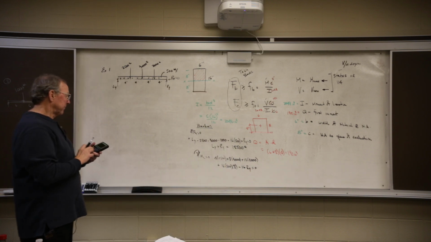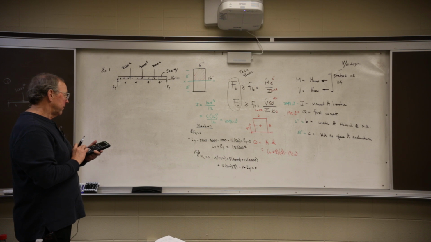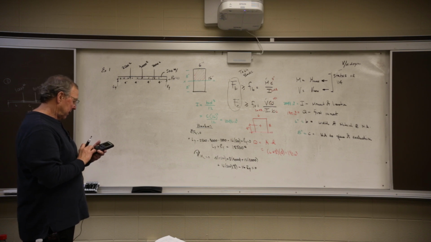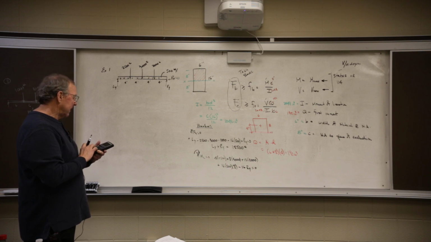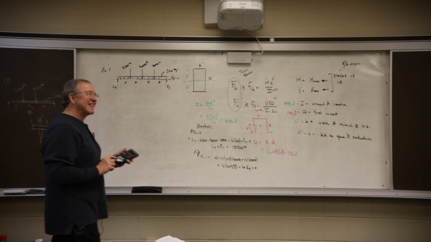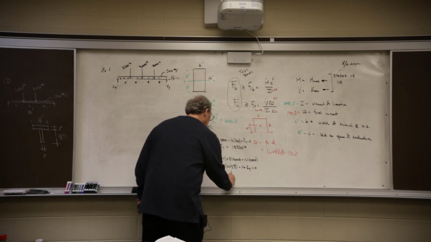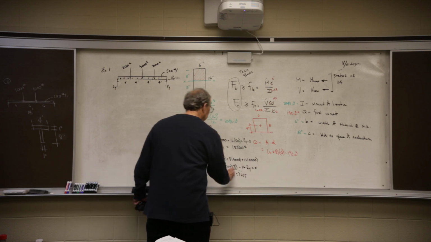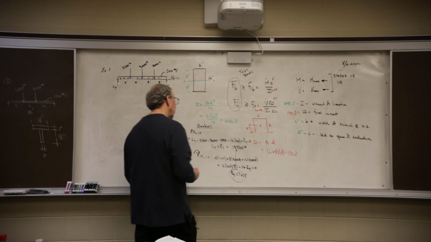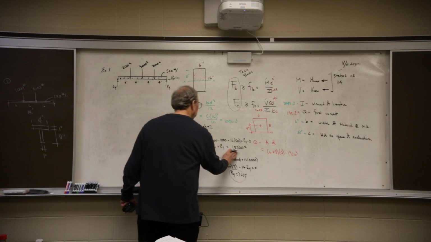Okay, so let's do it. 4 times 2,500 plus 8 times 3,000 plus 12 times 2,000 plus 16 times 500 times 8, and I'm going to divide that by 16. That gives 7,625.